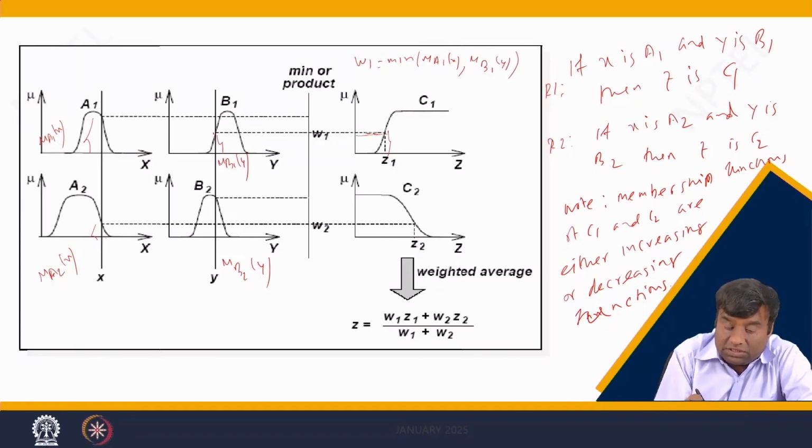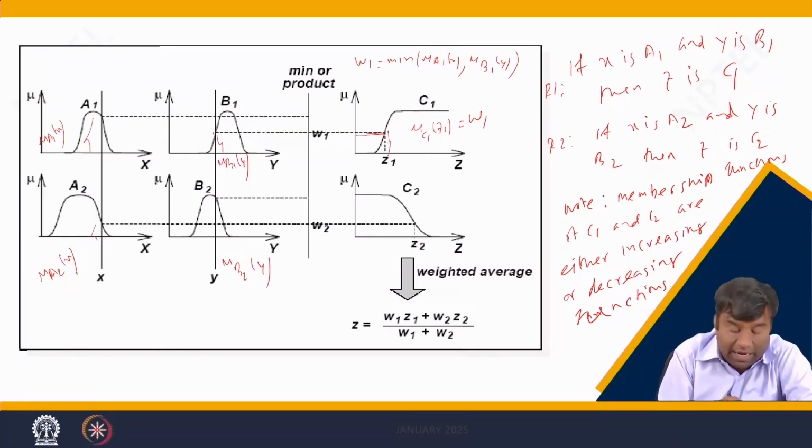So now this is W1. The value of Z1 is such that mu C1 of Z1 is W1. So we need to find the value of Z1.